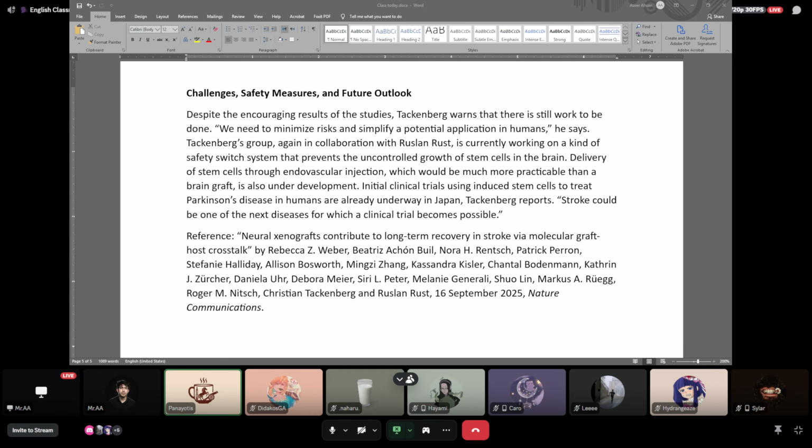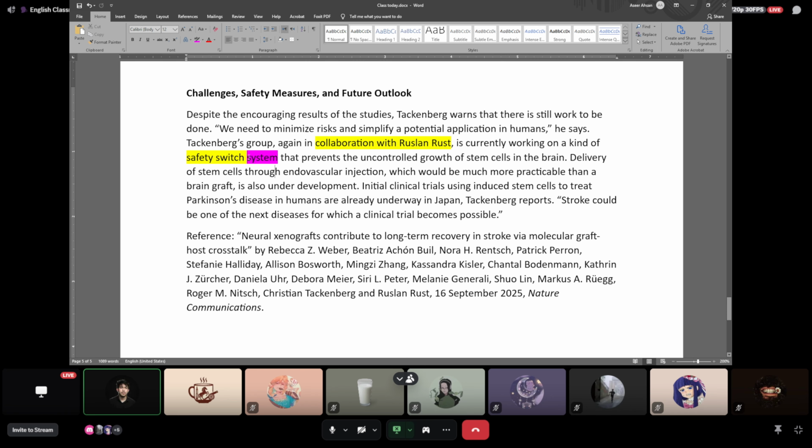Heckenberg's group, again in collaboration with Ruslan Rust, it's a name, is currently working on a safety switching system that prevents the uncontrolled growth of stem cells in the brain.